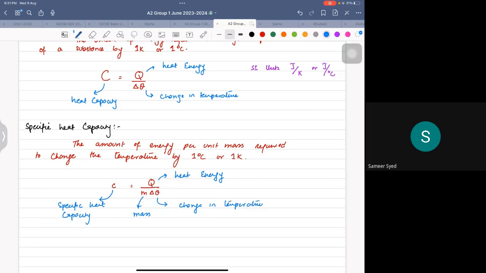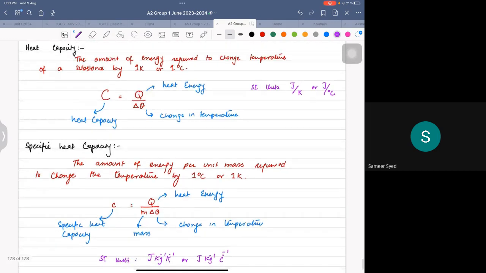So the SI units for this one would be joules per kg per Kelvin or joules per kg per degree Celsius, like that. Please write this down. I just need some water, so I'll be back.